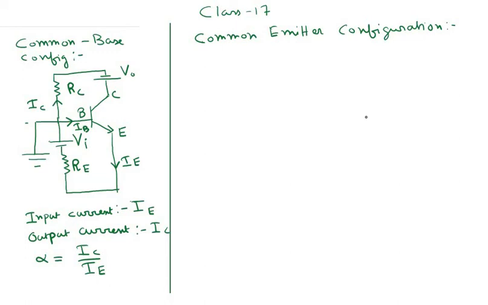Okay, so let us draw the configuration here. The emitter is grounded, and it is connected to the base via a voltage source and a resistor.